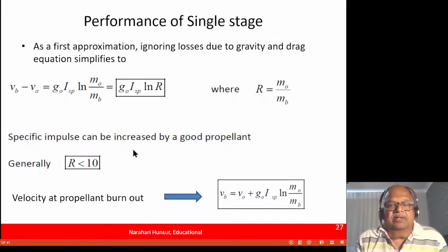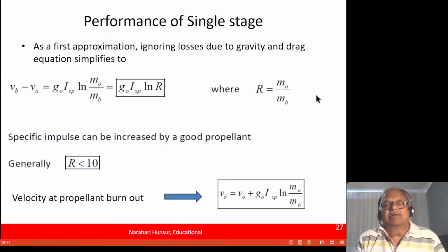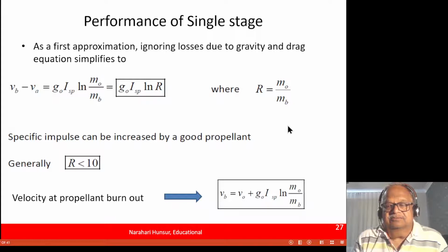Right now, r is less than 10, which means if the initial launch vehicle is 100 kg, 90 kg is the propellant. That would be very difficult to achieve, and that's about the limit. You cannot go beyond that. So the velocity increment you can get with a single stage is not much with present technology.